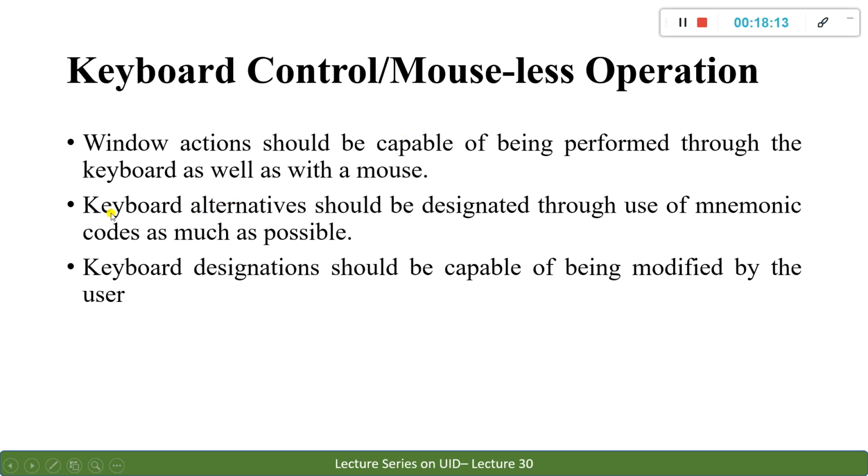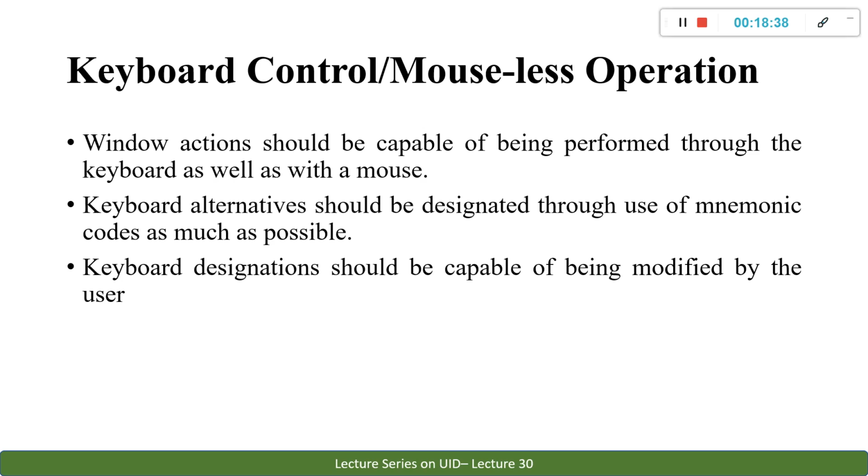Okay, next is keyboard alternatives should be designated through the use of mnemonic codes as much as possible. Using those mnemonic codes, you can provide the keyboard alternatives. So you have to mention or designate them using these mnemonic codes only.